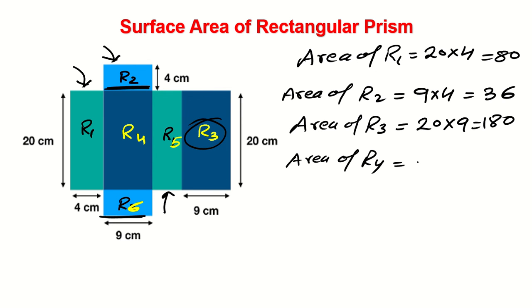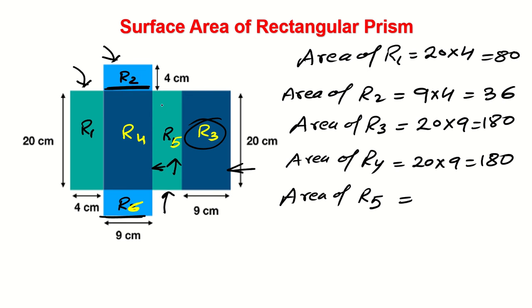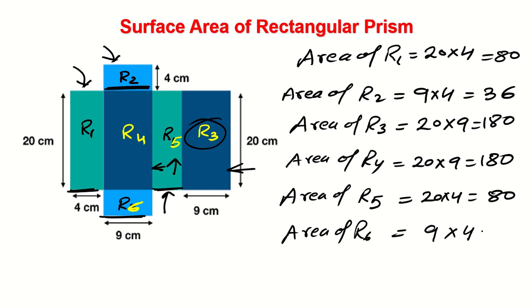This side is 20, so this side will also be 20. 20 multiplied by 9 is 180. Then area of R5 is this one. This side is 4, so this is also 4 and 20. 20 multiplied by 4 is 80. And last, area of rectangle 6 is 9 multiplied by 4, which is 36.